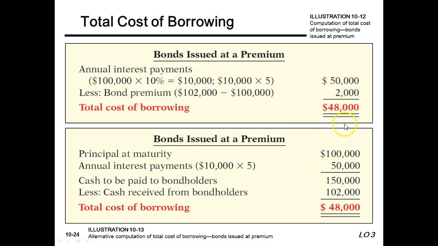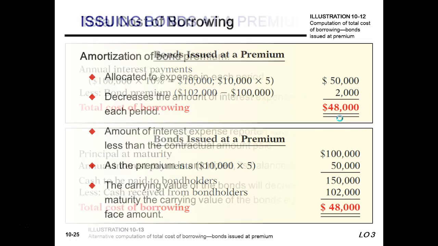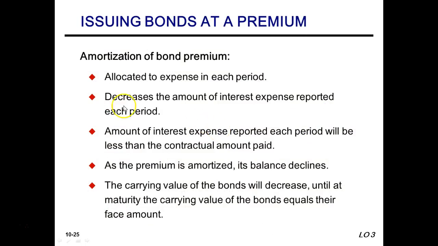So really our total cost of borrowing is 48,000 for those bonds issued at a premium. It's allocated to expense in each period. It decreases the amount of interest expense reported each period. As the premium is amortized, its balance declines. Okay? It's important that you understand what happens to the bond when they're issued at a discount, a premium, or face value.